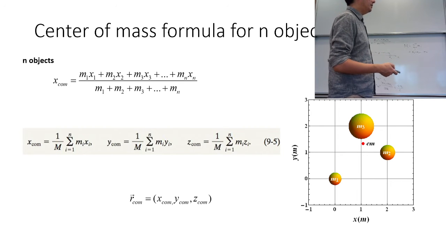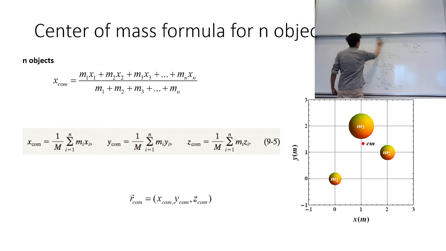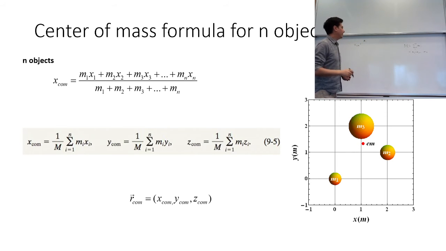What you do here is first look at the x coordinate. Let me just work it out for this example. I don't have the numbers for m1, m2, but for that example on the slide, the x center of mass would be the first mass times the x coordinate, which is 0.